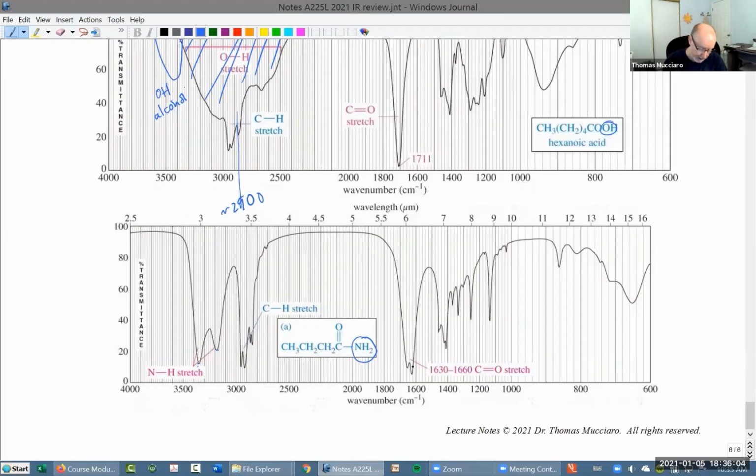And then here we have, this is actually the C double bond O, and I'm going to be honest with you, I can't remember why there's 2 of these. I think it might have to do with whether it's hydrogen bonding or not. I'm not even sure. But amides have resonance. It weakens the C double bond O. So because it's weaker, it goes to a lower frequency than your normal C double bond O.